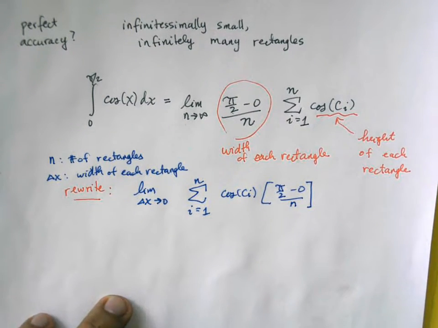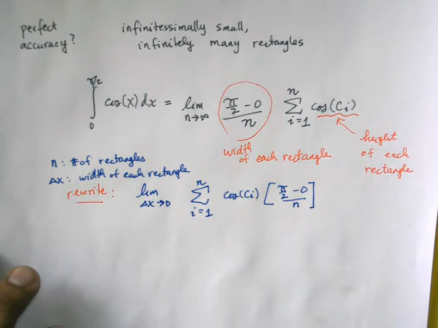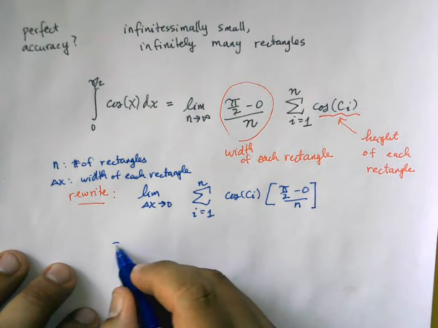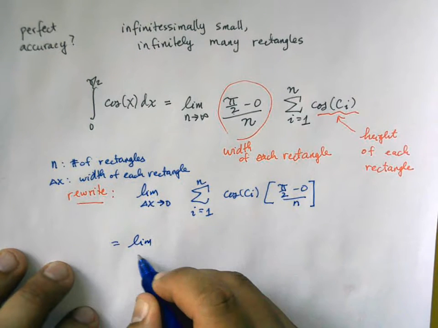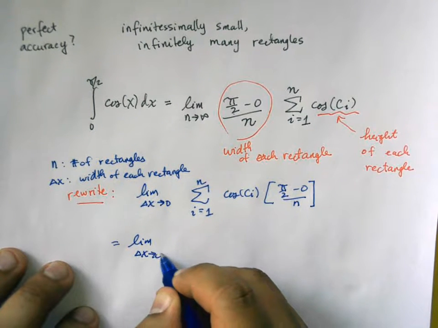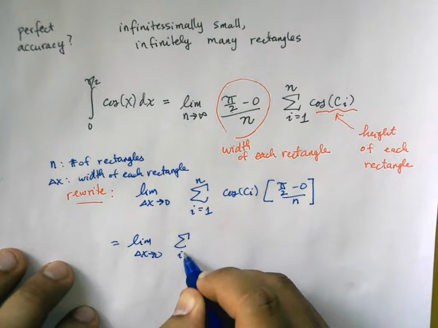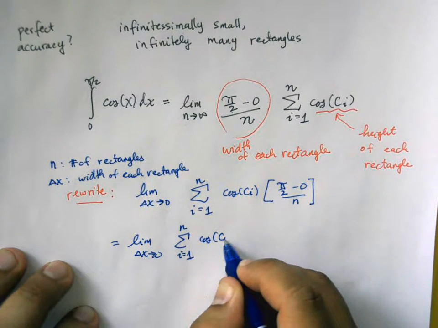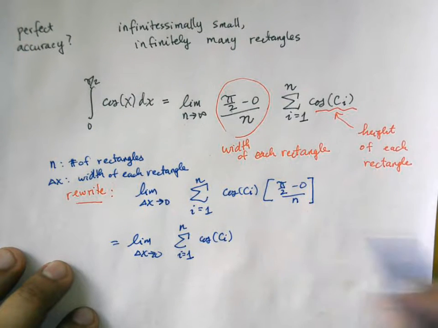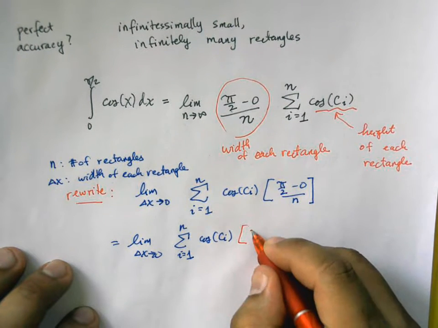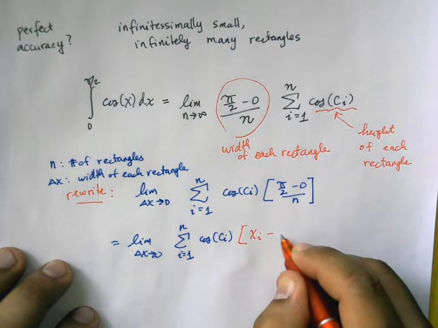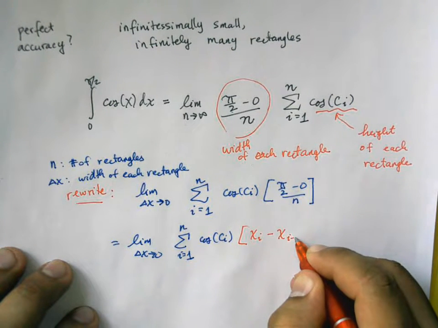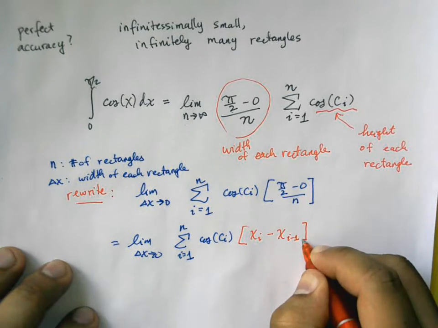I know this seems very, very weird. And then I'm actually going to make it even more counterintuitive than that for the moment. This thing here, I'm going to rewrite as x sub i minus x sub i minus 1.